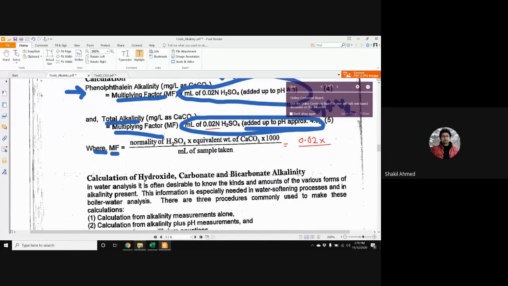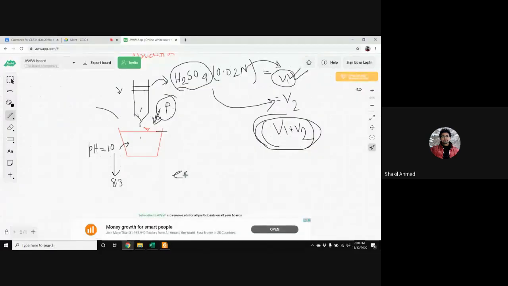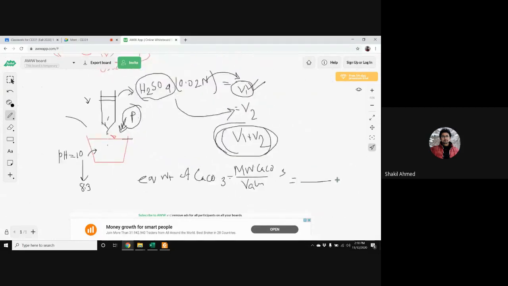Equivalent weight of calcium carbonate. Again, equivalent weight of calcium carbonate equals what? Molecular weight of calcium carbonate divided by valency, am I right? So molecular weight of calcium carbonate is calcium 40 plus carbon 12 plus oxygen 16 into 3, am I right? So from here, 48, 12, 60 and 40 is 100 by 2.